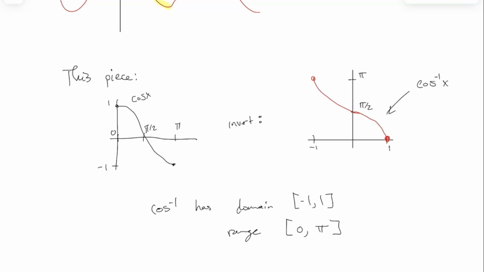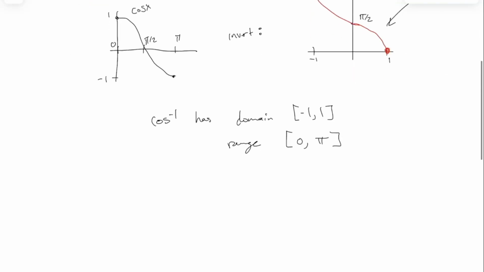All right. So, for example, how would you do individual values of this function? Something like inverse cosine of 1/2. What does that mean? Remember, it means what is the angle whose cosine equals 1/2. And in particular, it has to be the angle in this range, 0 to pi.